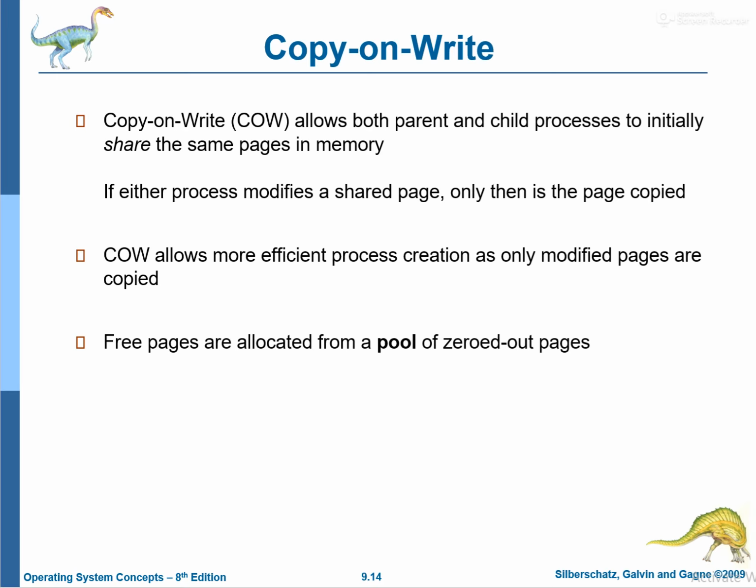If we consider that many child processes will call the exec system call immediately after creation, then copying the parent address space may be unnecessary. We don't need to make a copy of the parent, because when the child calls the exec system call, it executes its own new program.